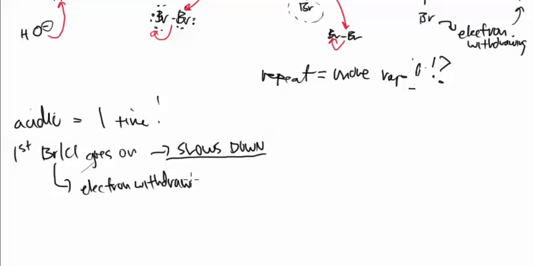It is true, it is electron withdrawing. But what happens is that in an acidic environment, the acid is focused on the oxygen of the carbonyl. In the base environment, the base is directly focused on the hydrogens and pulling the hydrogens off.